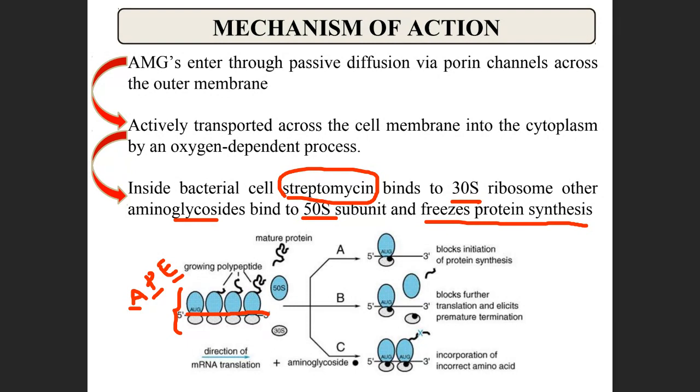So at the A site, the tRNA binds, and then the amino acids get attached. Finally, when the chain becomes long, when a mature protein is synthesized, it gets dissociated or it exits from there and leads to the formation of a protein.